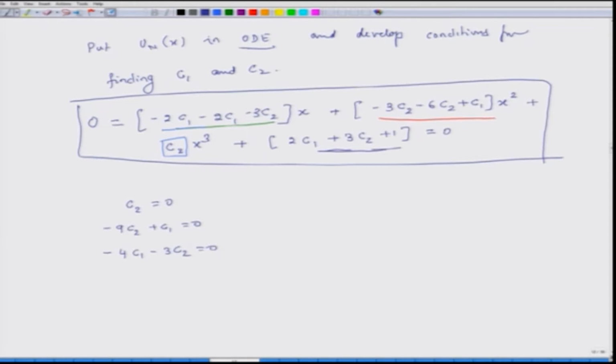And then from the constant term, I get 2 C1 plus 3 C2 plus 1 equals 0, right? Which means this gives me C2 is equal to 0. When I plug in here, I get C1 is equal to 0, right? And then this is satisfied.